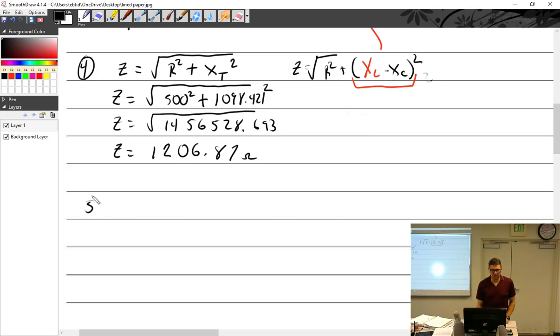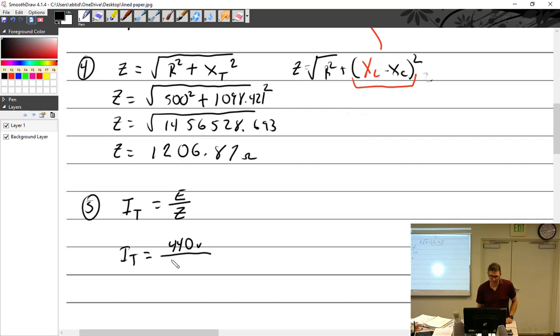Let's go. So number 5. The next thing I want to do is current flow. So we're going to do I total, which is the I for the whole thing since it's a series circuit, equals E divided by Z. So I total equals, what is E? 440 volts. Where did I get that number? It's a given.